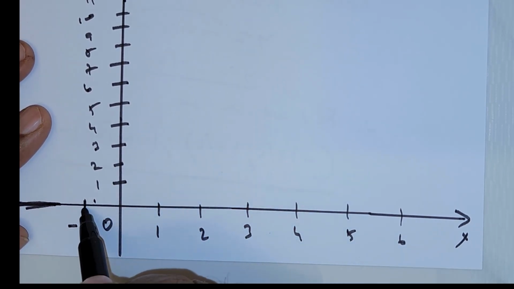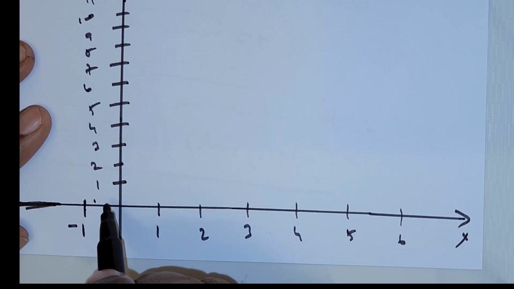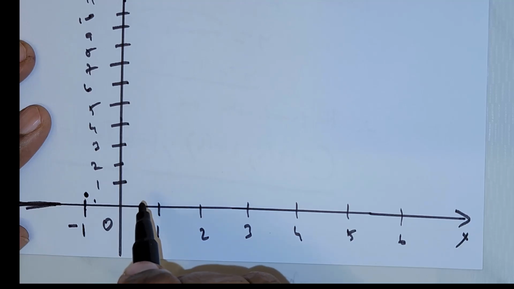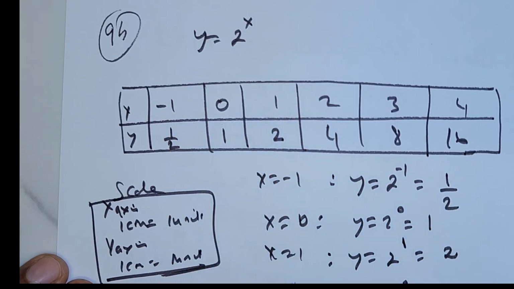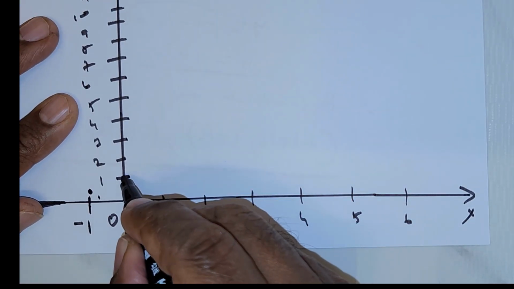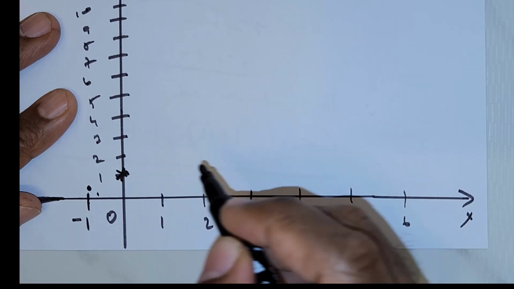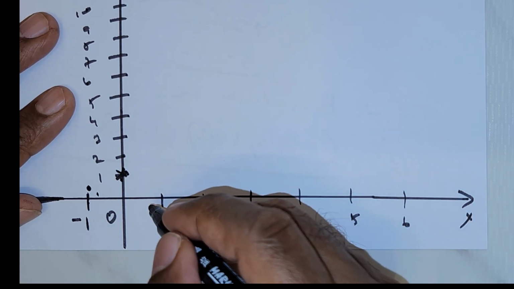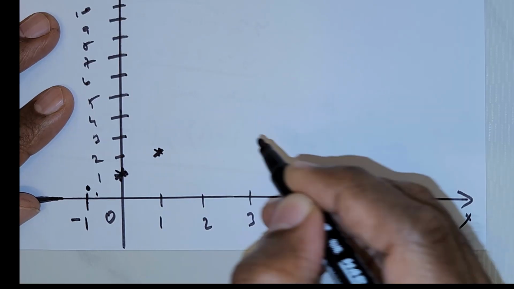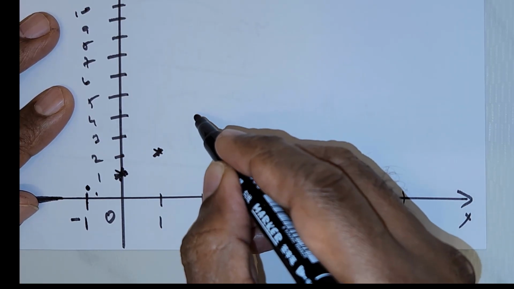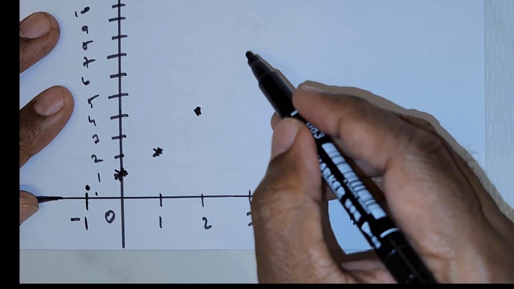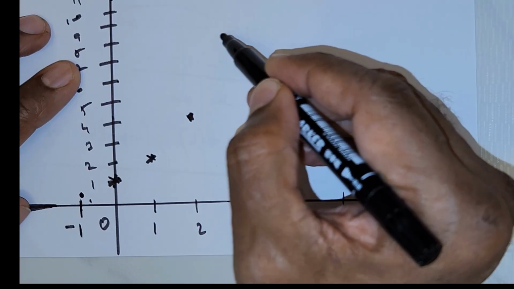So when x is negative 1, the value of y is 0.5. When x is 0, y is 1. When x is 1, y is 2. When x is 2, y is 4. When x is 3, y is 8. 8 is over here.